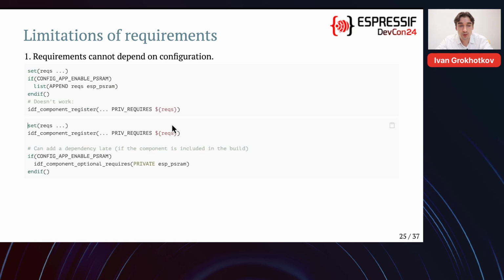And what will work is adding the dependency late. So for example, we can call IDF component register without specifying that additional dependency, in this case on ESP-PS-RAM, but after IDF component register, we can call a CMake if command to check if that configuration option is set, and if it is set, then we can add the requirement on ESP-PS-RAM later.